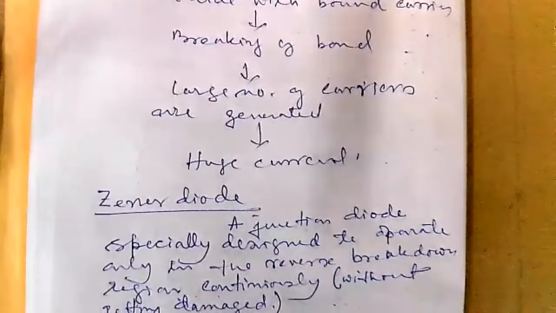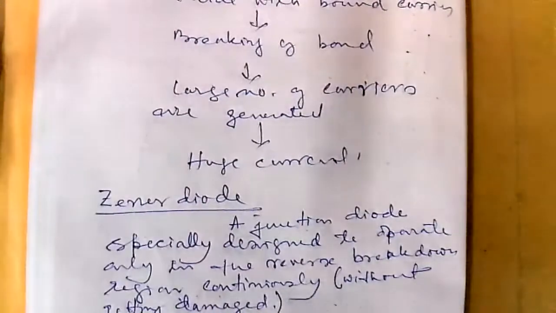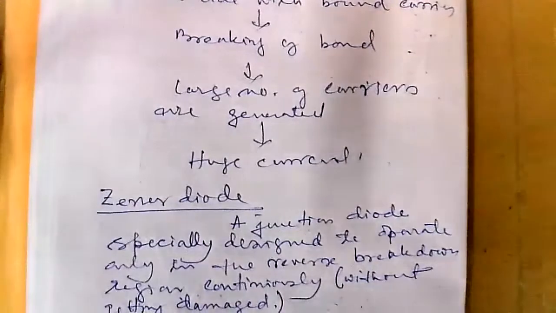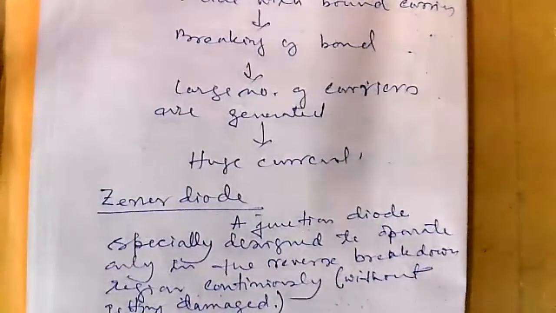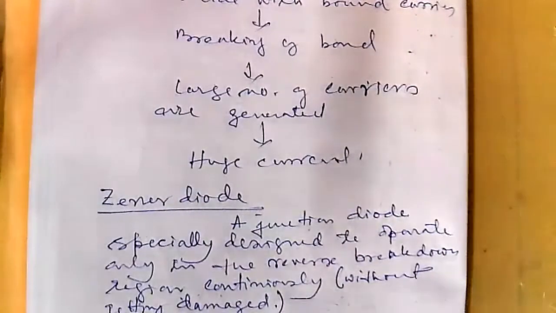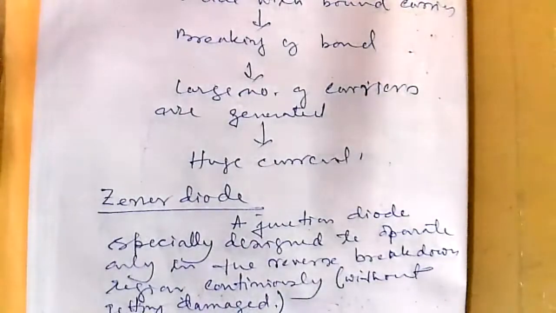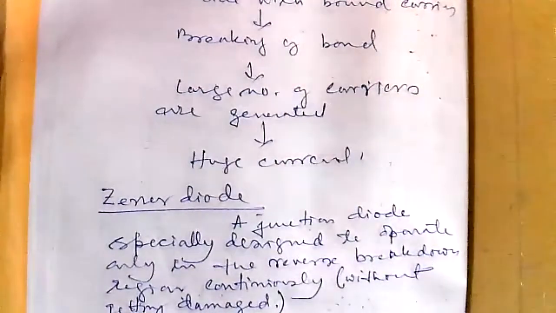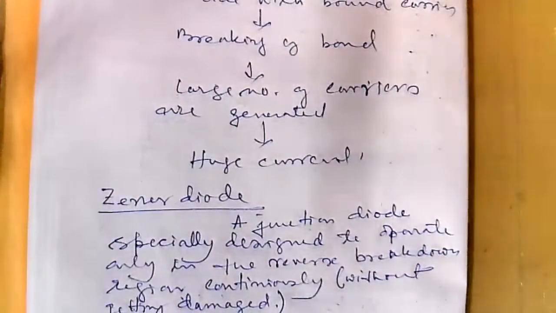Now, in reverse breakdown, what is happening? The reverse bias resistance is very high. So when a large current is flowing, there is a huge amount of heat generation, I squared R. So the diode may get burned. It happens in case of avalanche breakdown, but it may also happen in case of Zener breakdown if it is not specially designed.